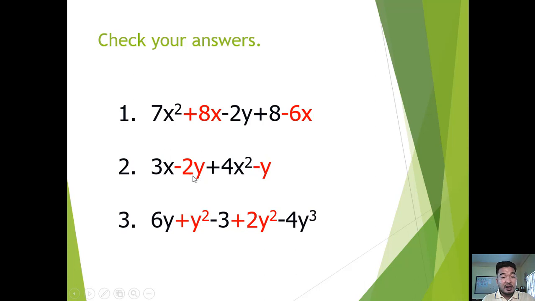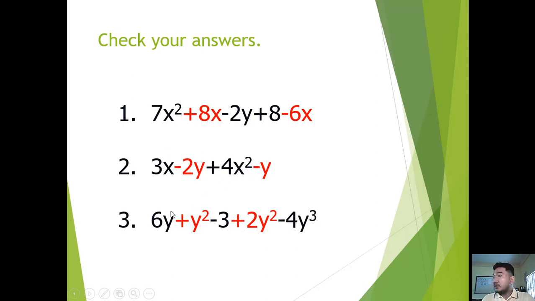The like terms here are negative 2y and negative y because they have the same variable and the exponents of the variables are congruent. 3x squared and 4x squared are not like terms because x, the exponent is 1, and x squared, the exponent is 2.